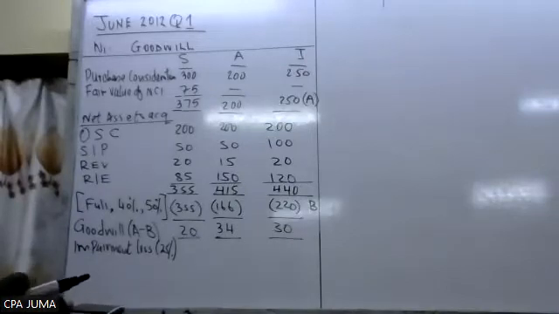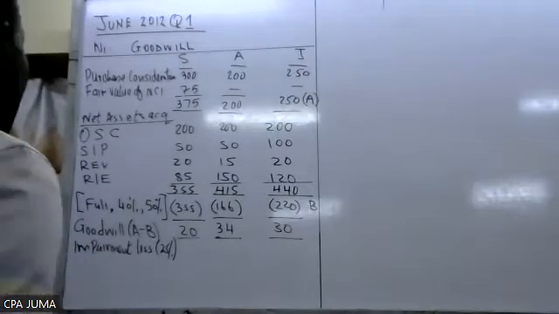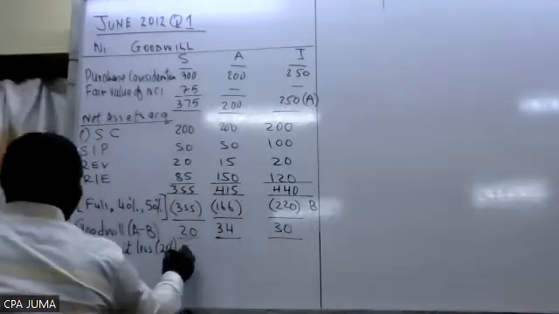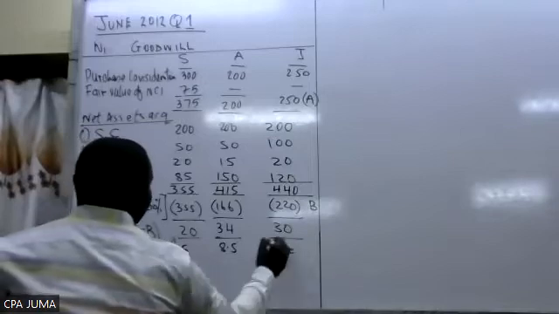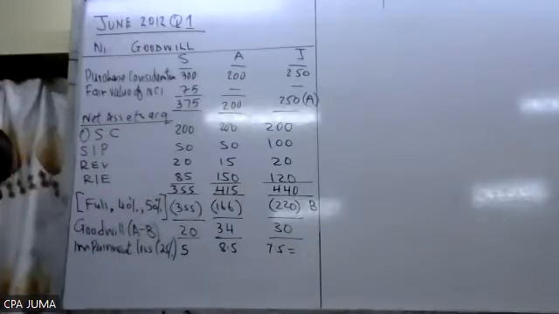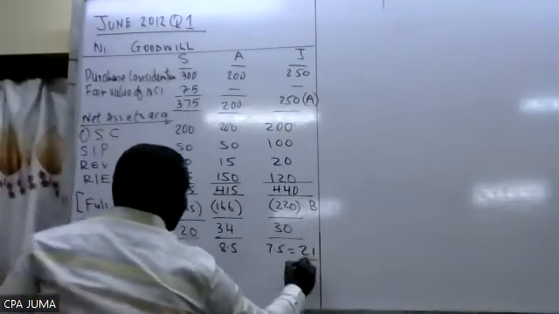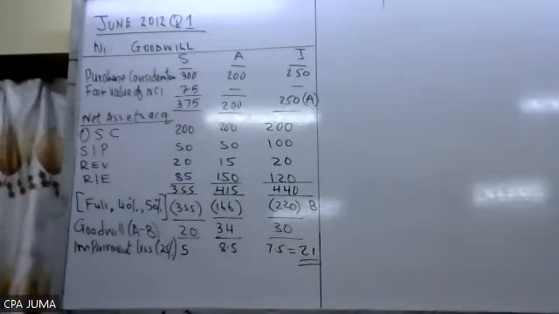So 20 by 25, this is 5, this is 8.5, this is 7.5. And total impairment will be 5 plus 8.5 plus 7.5. Total impairment is 21. It will affect our profit account.